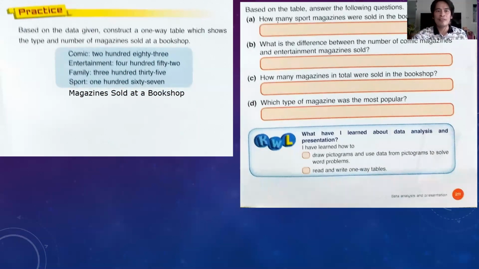So after the title, what should you do next? You're going to draw 4. There are 4 given information, so you add one row. So 5 rows. You're going to draw 5 rows.